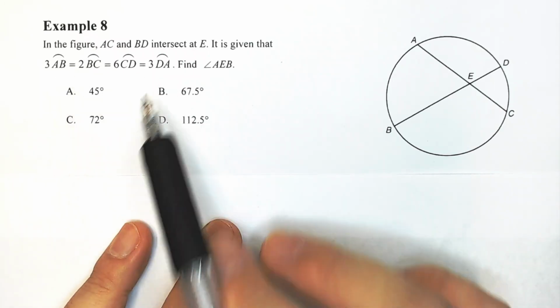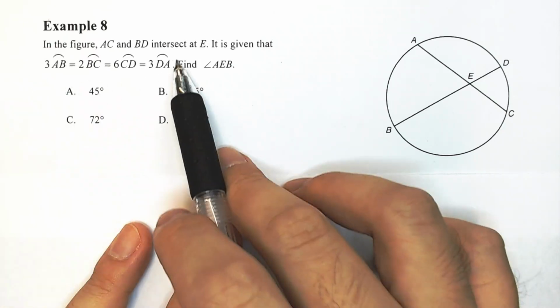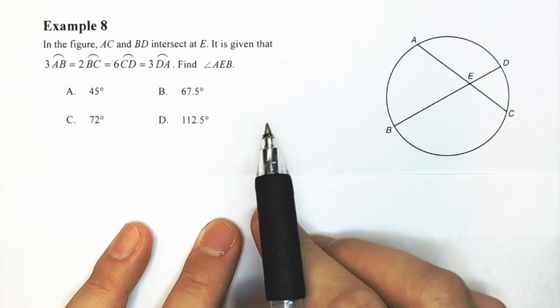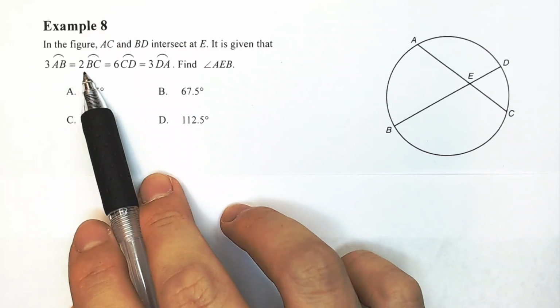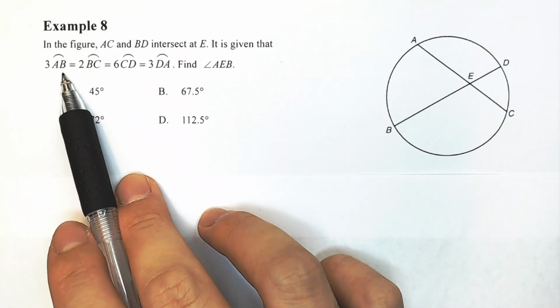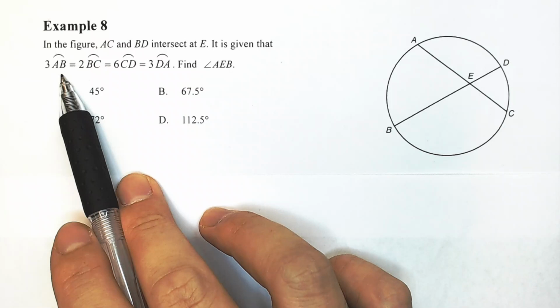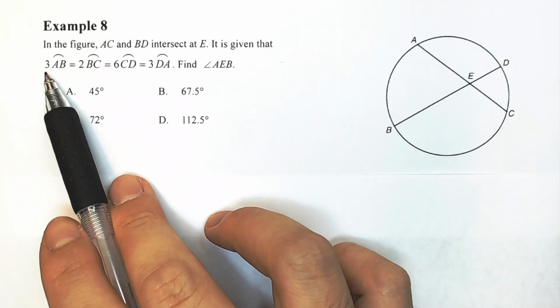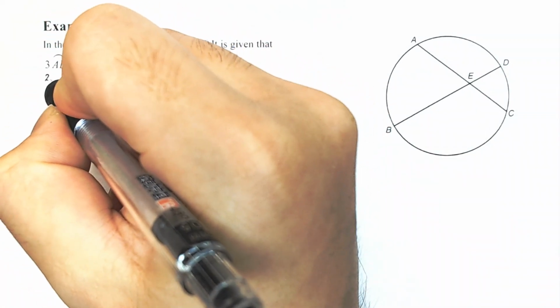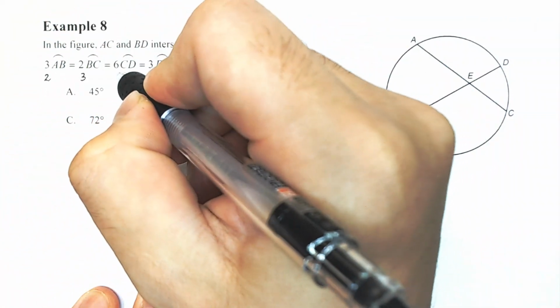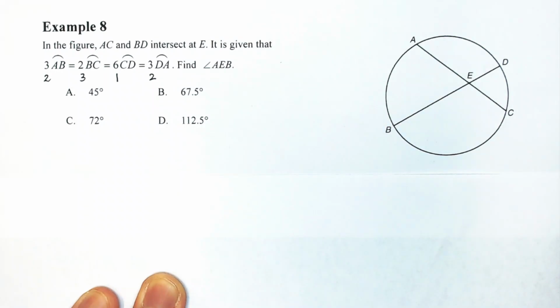And the same as example 4, when you meet this kind of equal relation, what you need to do is try to make the coefficients before the arc length the same. For the numbers 3, 2, 6, and 3, 6 is the most convenient to get all numbers to 6 by multiplication. So you multiply by 2, 3, 1, and 2 respectively.